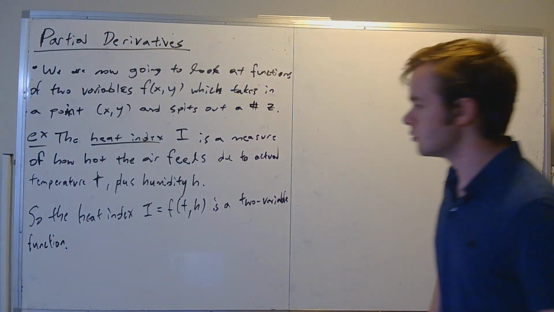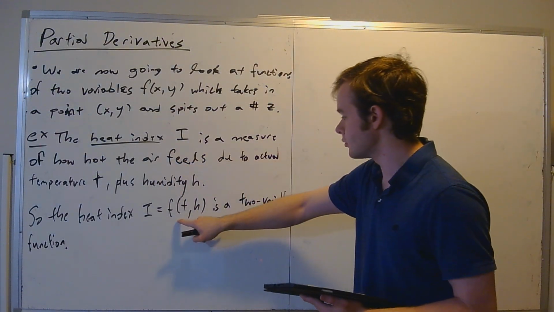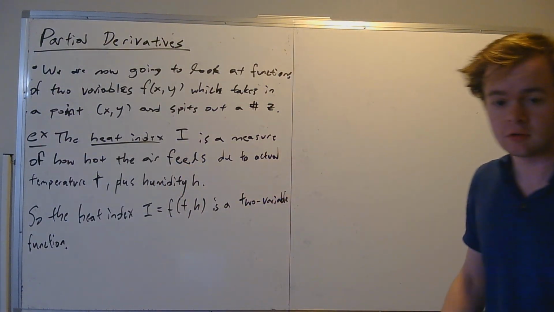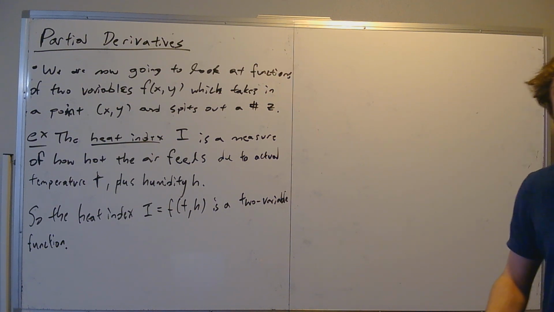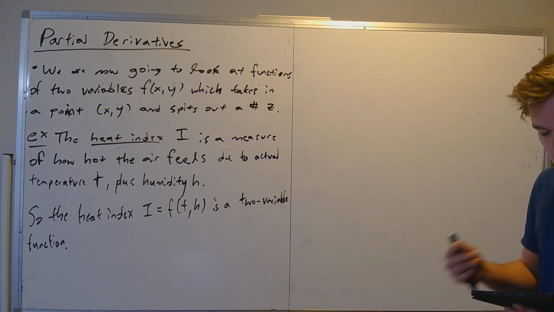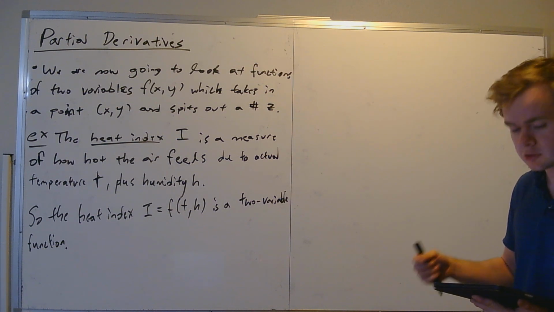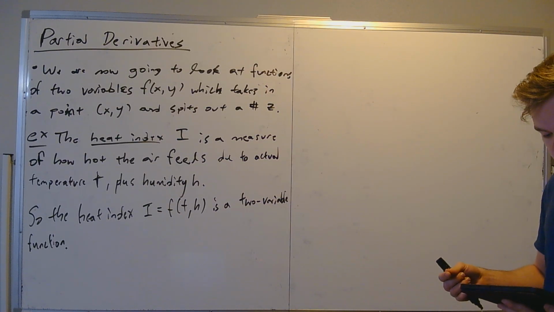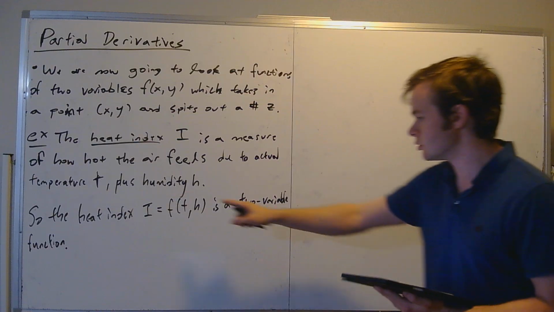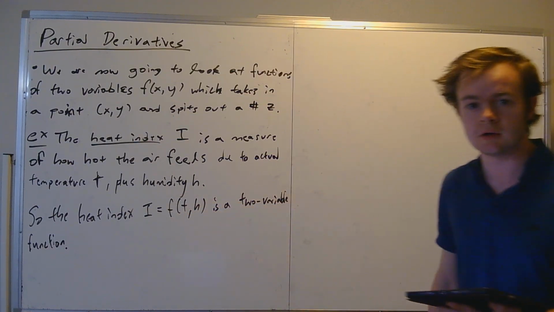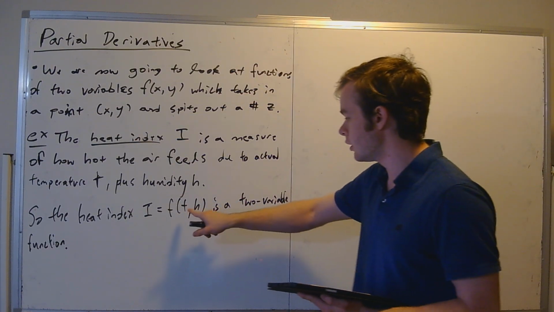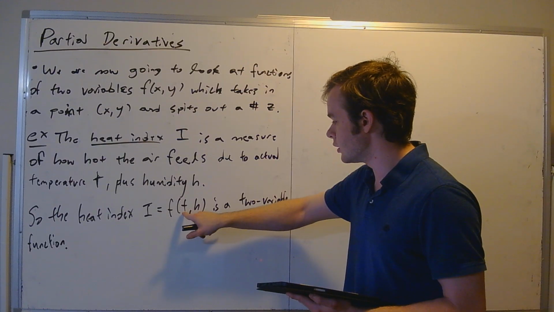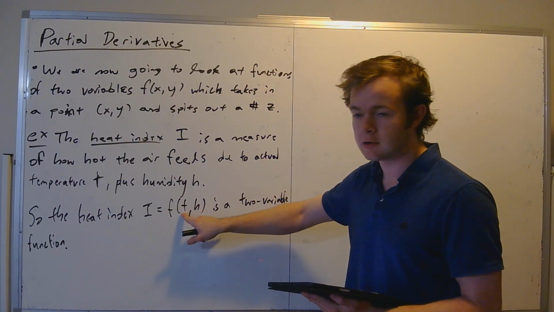Okay, so we've established this is our heat index. It's a function of temperature and humidity. And the question is, what can we say about the heat index I if the temperature stays the same, but the humidity starts to rise? Or what happens if the temperature starts to rise, but the humidity stays the same? In both cases, we're treating one of the variables as a constant.